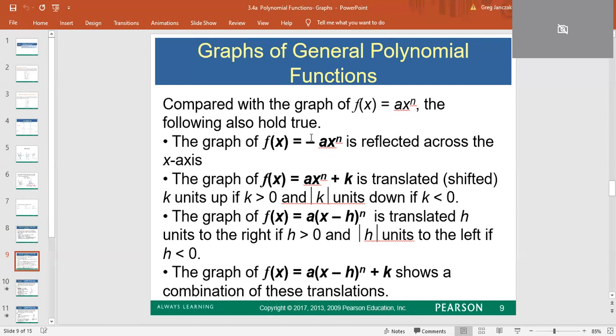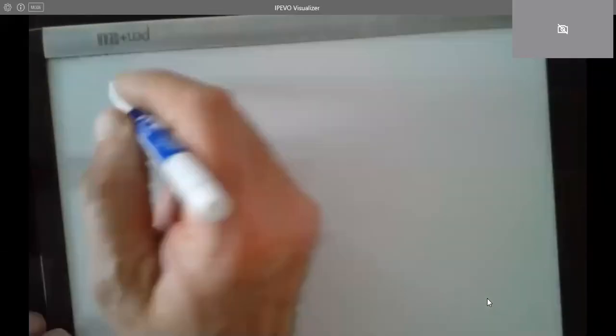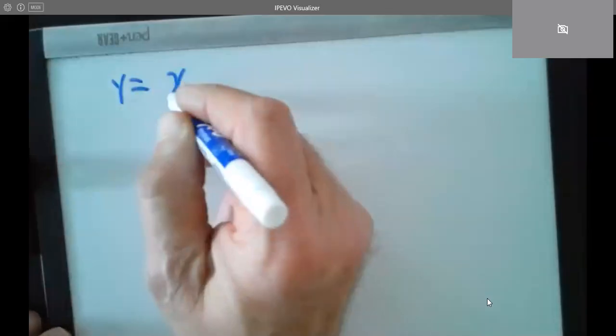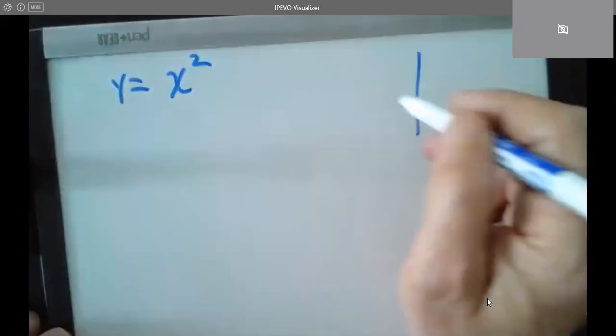Well, we already went over positive and negative graphs, and even and odd. But we did not look at up or down. So let's look at an example of that real quick. So here's our board again. We want to start with y equals x squared, the parent graph.